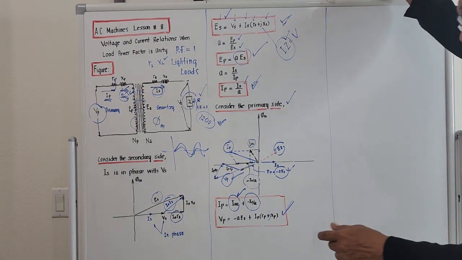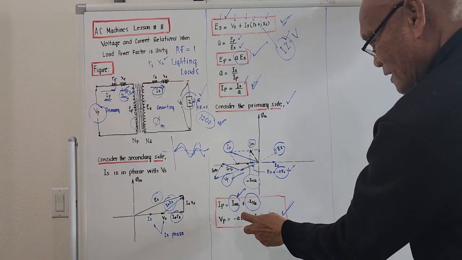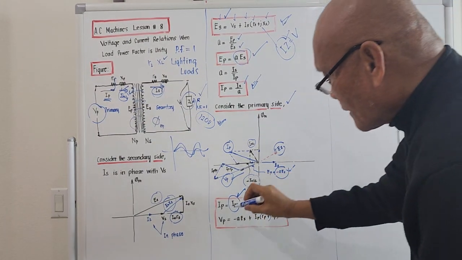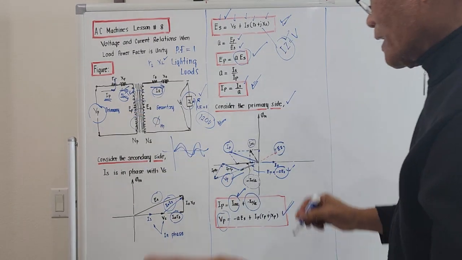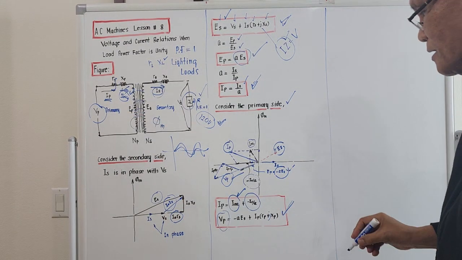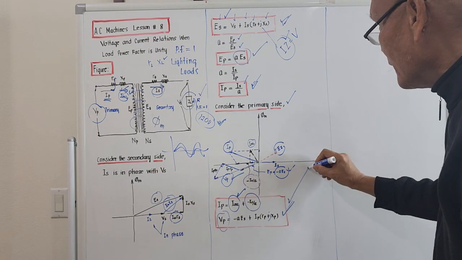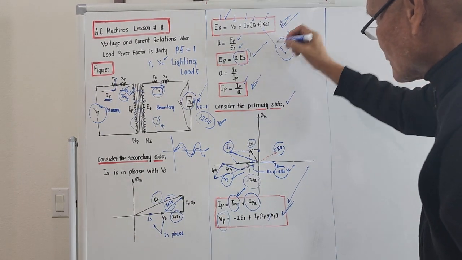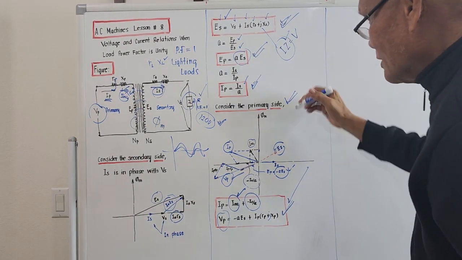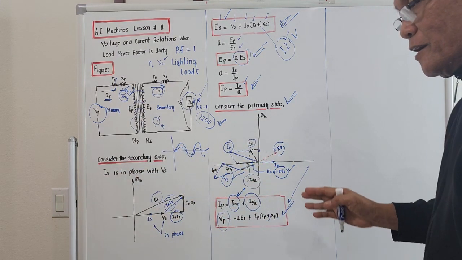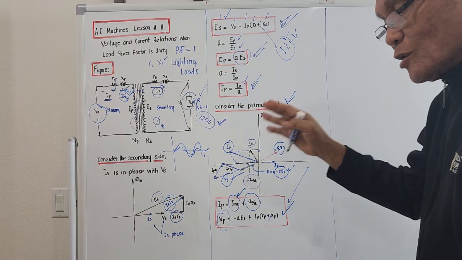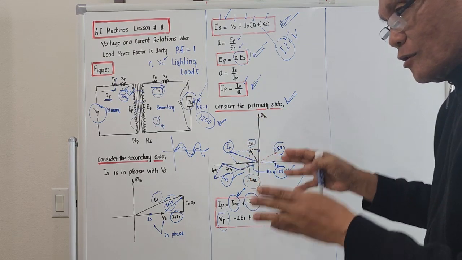Plus the vectorial sum of negative A times ES is actually the total applied voltage on the primary. So the relation we are talking about here should be this one, plus these two here. So those are the relations considering that the load on the secondary is actually a pure resistance load.